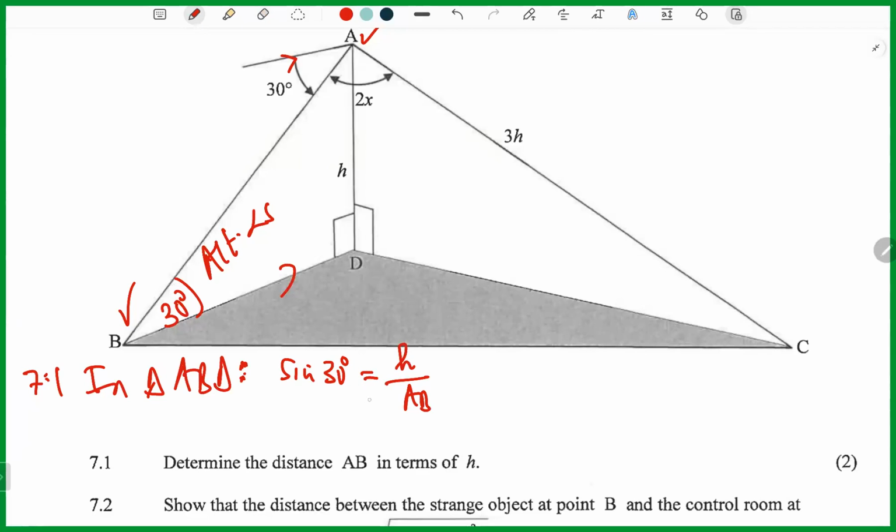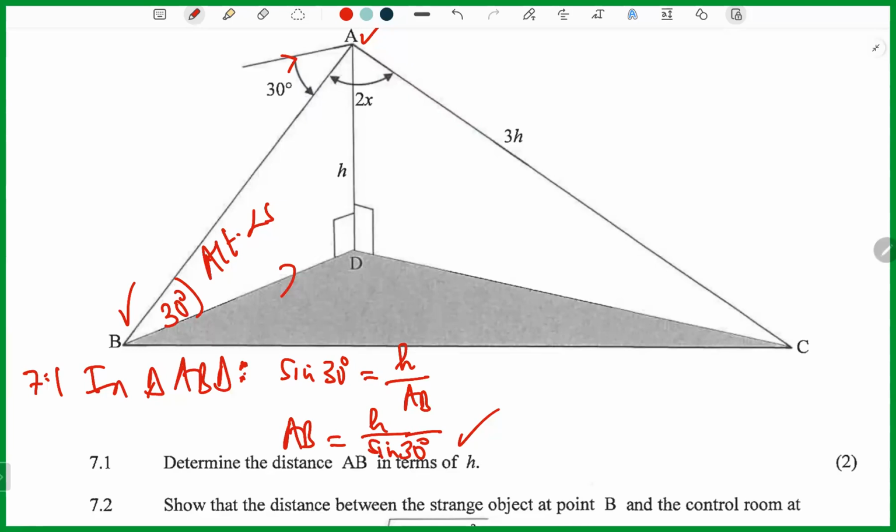So we want to get AB, so we cross multiply, so AB goes there and the sine sits at the bottom. Which means AB is h over sine 30 meters. Okay, so that is the answer. So AB in terms of h is exactly that one.